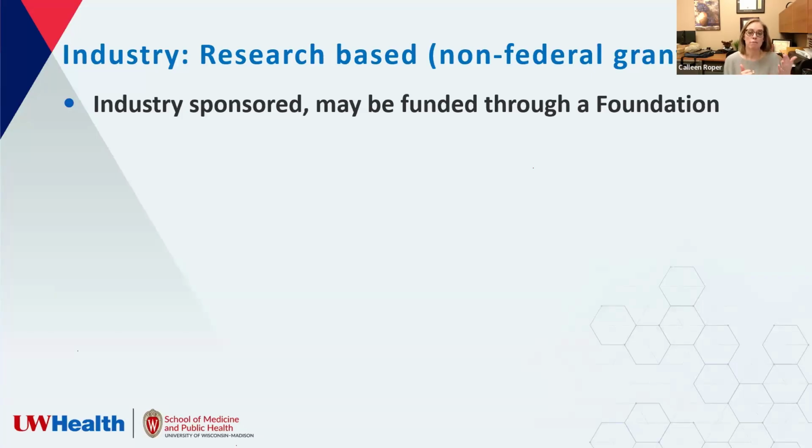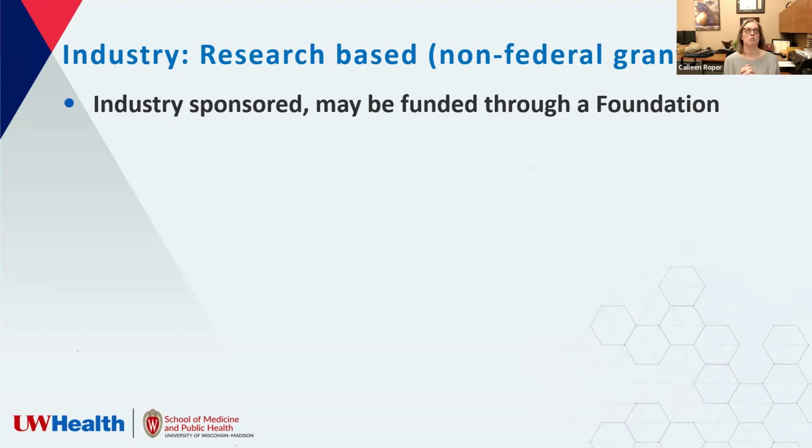investigator-initiated non-federal grants. So remember when I talked at the beginning about the IDC, there was an industry research IDC of 64%. So this is where industry is giving money. We'll use Pfizer as our example, giving money to a foundation.